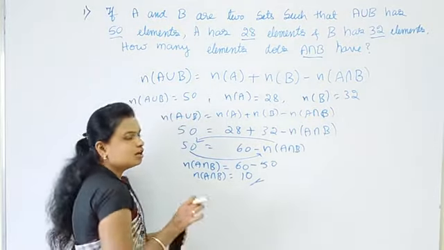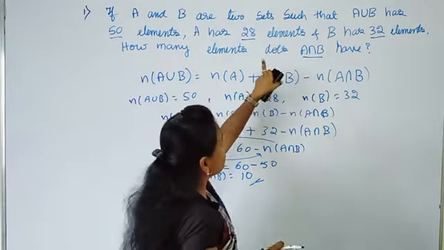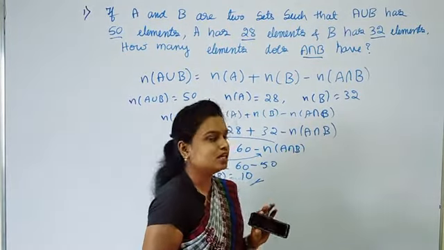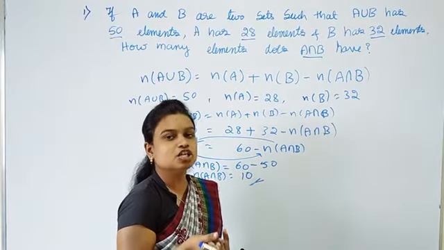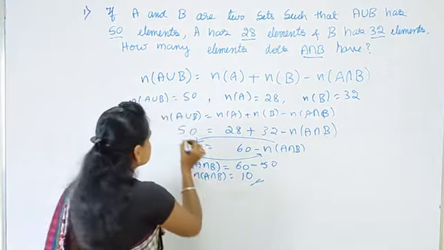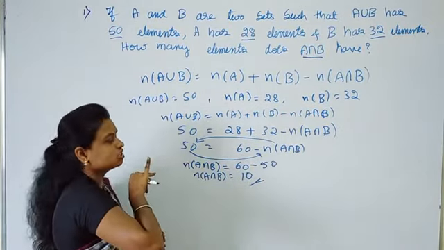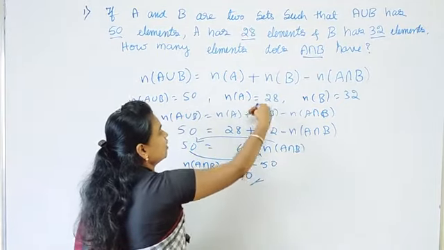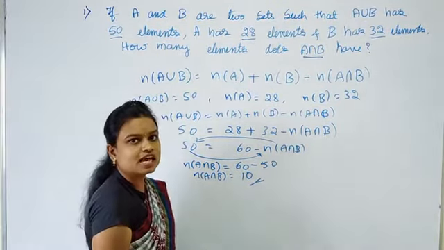So the number of elements that the set A intersection B consists of is 10. Understand? This is the formula. First write down the data given in the question, then substitute the values, then find the unknown.